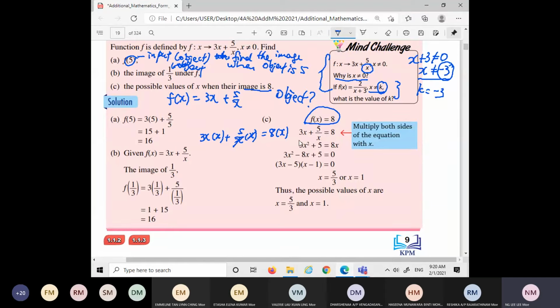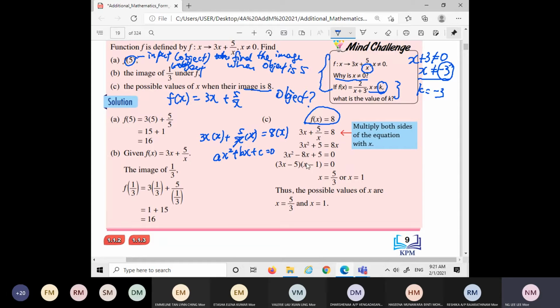I repeat, always make the coefficient of x squared positive. Then arrange them into the general form ax squared plus bx plus c equal to 0. After that, factorization, then you get the answer. Then the possible values of x are these two.